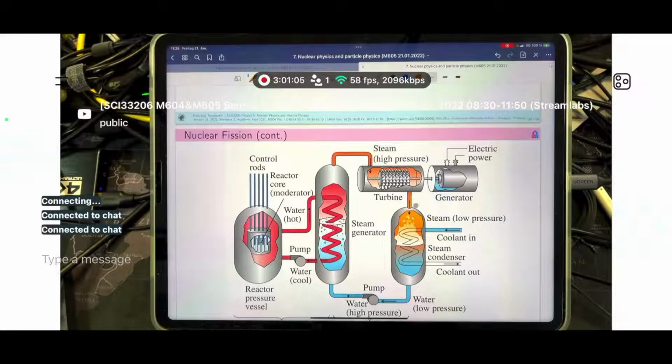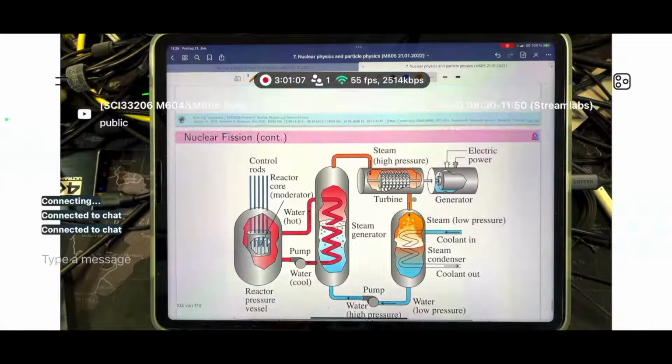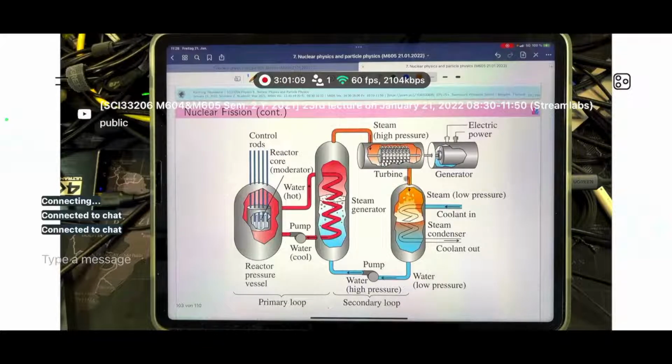Let's go ahead with the other components in the nuclear power plant. The steam, in the scale of 600 or 700 degrees Celsius, will flow further. It cools down a little bit, and the steam will be condensed to become another round of water.